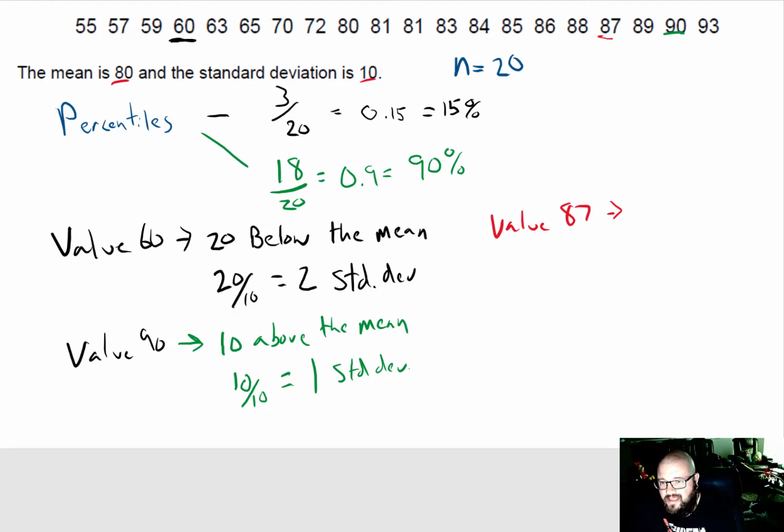Well, it is 7 above. Okay? So in this case, we have 7 divided by our standard deviation, which is 10. That should give us simply a 0.7 as far as our standard deviation.